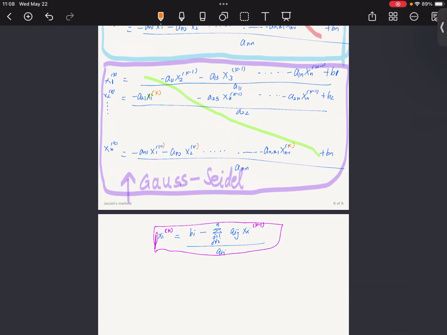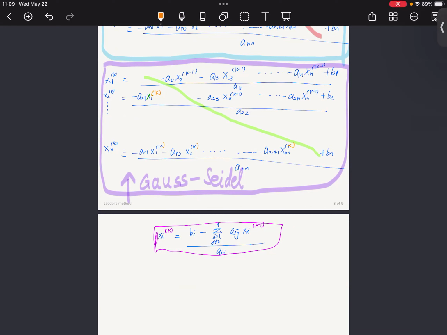And after the diagonal, we have things coming from the k minus 1. So instead of having only the k minus 1 here, we are going to split the items before the i index and after the i index.